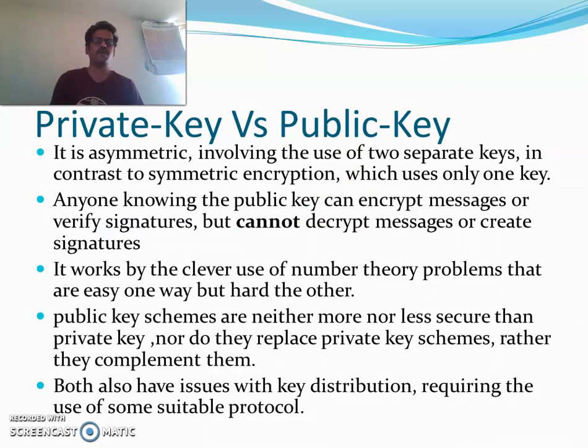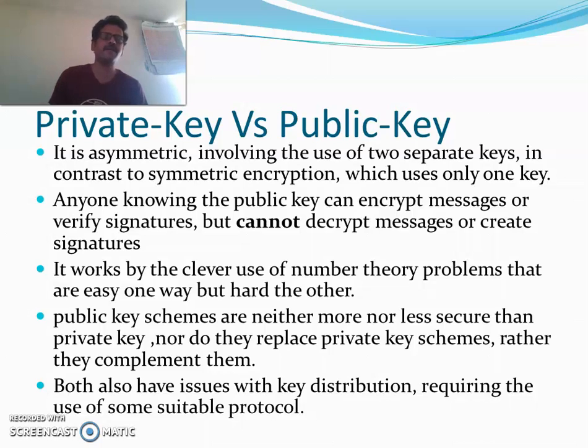So now we are going to discuss the difference between private key cryptography and public key cryptography. Based on our earlier discussion, we will clearly differentiate them. Private key cryptography is otherwise known as symmetric key cryptography because it uses only one key for both the sender and receiver, whereas public key cryptography uses two keys, one for the sender, the other for the receiver.